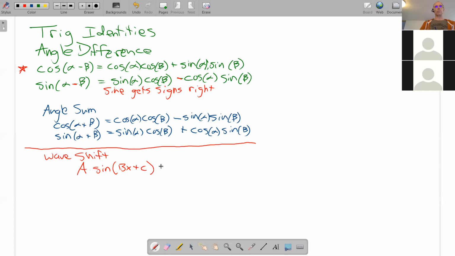And because of the formulas above, that can be rewritten into the sum of a sine and a cosine. So some number m times the sine of bx, same period, plus some number n times the cosine of bx. And often this is used the other way. If we have a sine and a cosine with the same period being added or subtracted, that can be rewritten as a single sine function with a shift instead. So we'll take a look at that in a little bit.